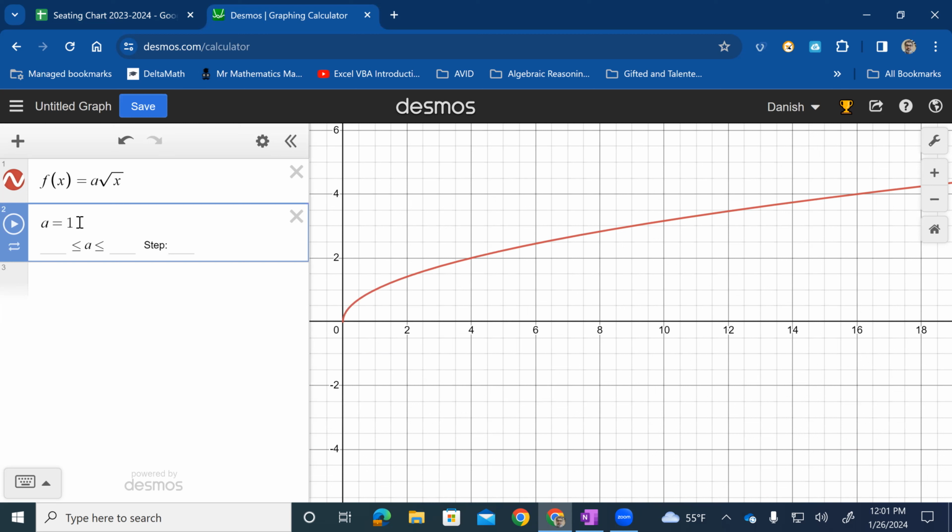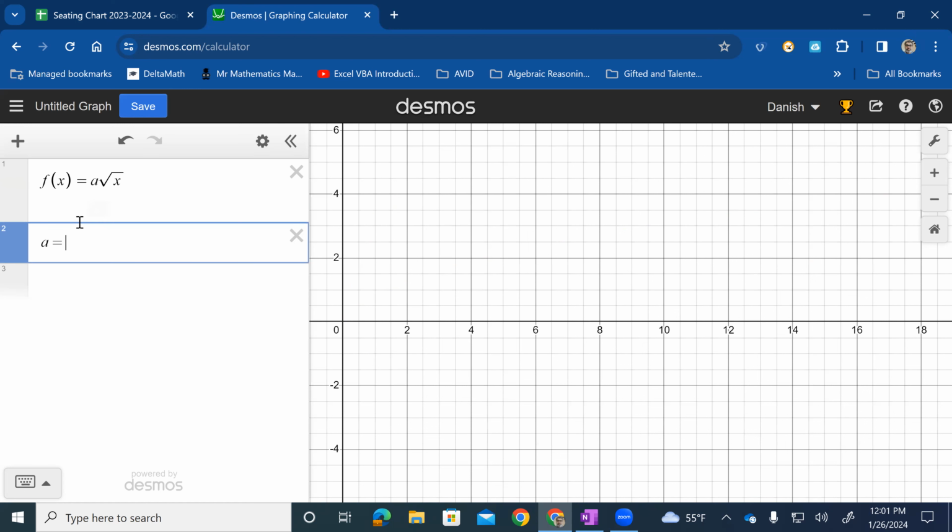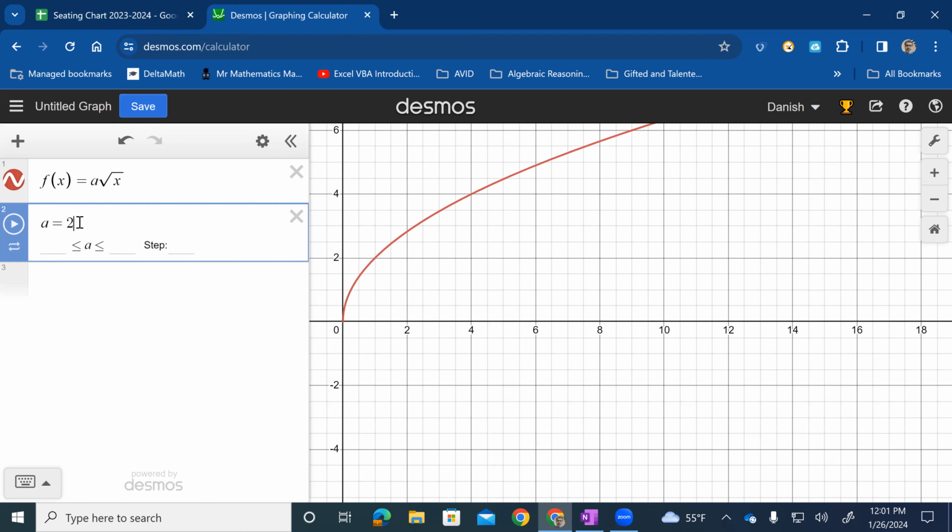Now let's see if I have a equal to 3. I'm just going to change the value of a to 3 and see what happens to the curve. It's stretched, right? Like somebody pulled it upwards, and it's the vertical stretch. If I make it something like 2, the stretch is still there, but it's lesser.